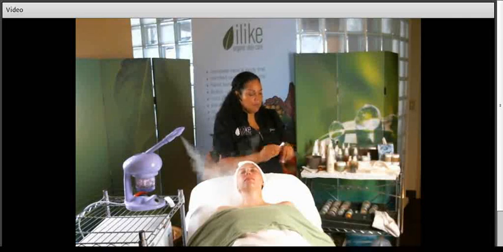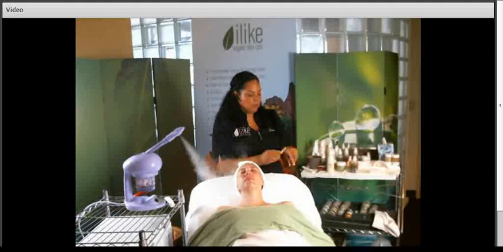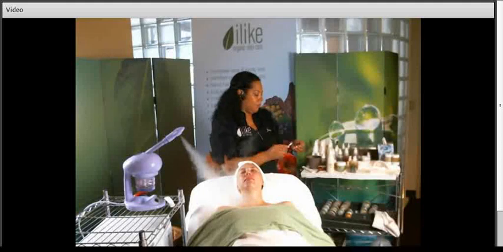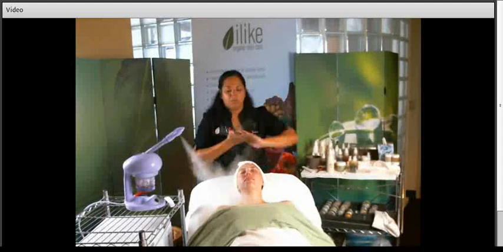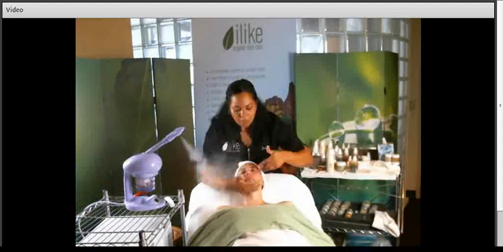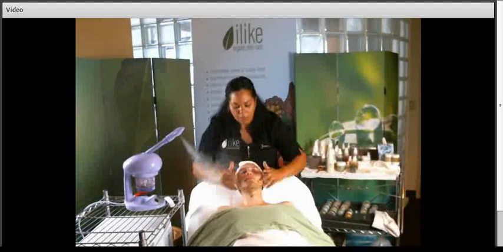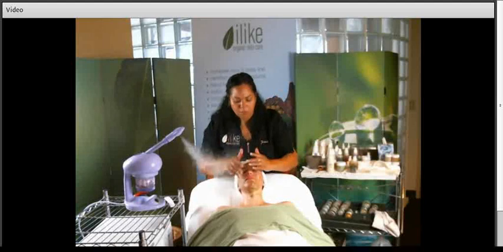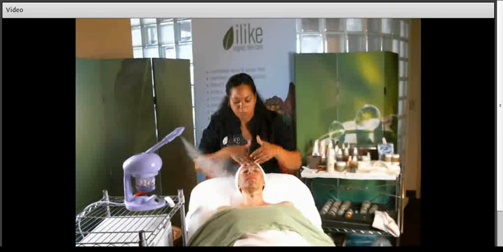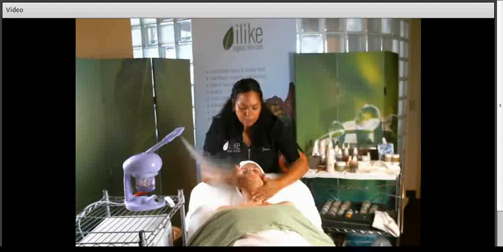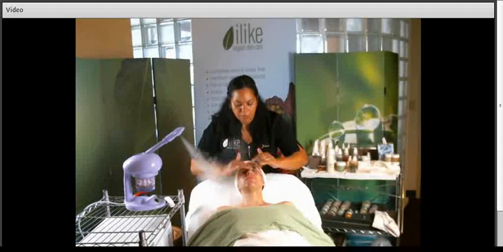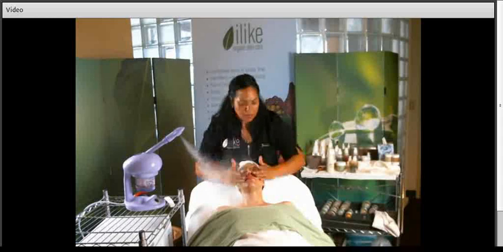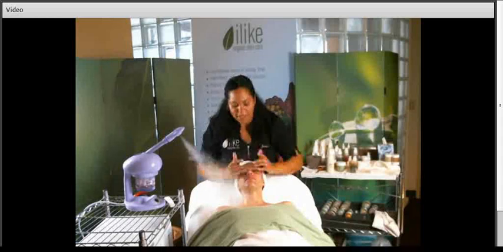And I'm going to mix it in together. Got a little fire and ice treatment happening here with a little cooling peppermint and the paprika.